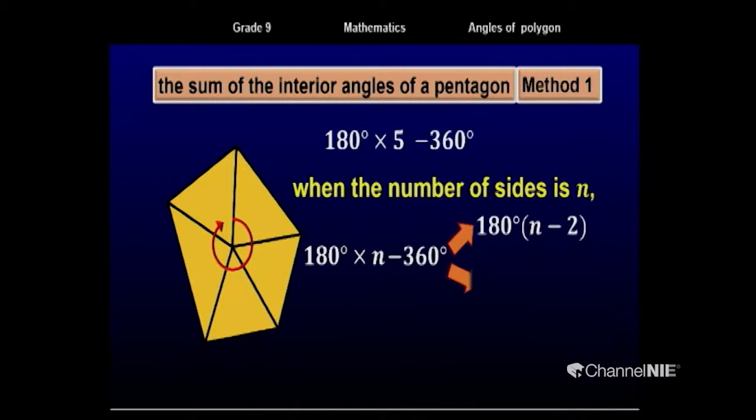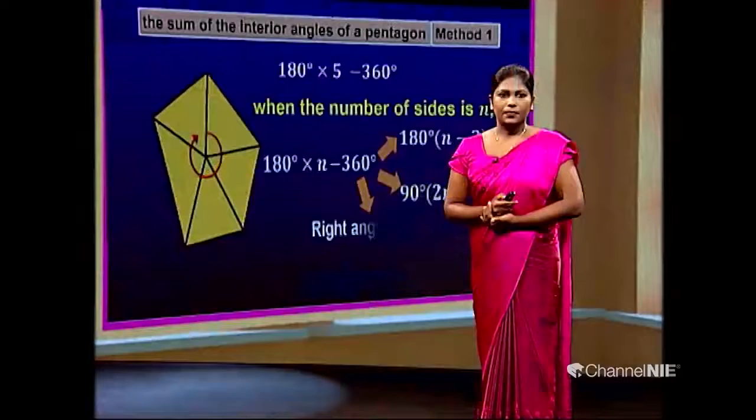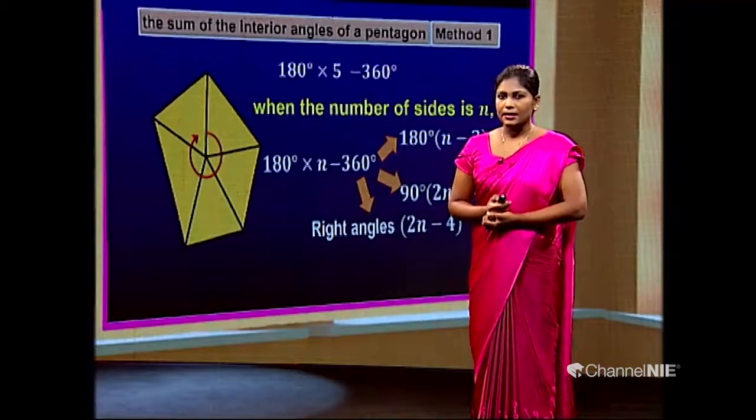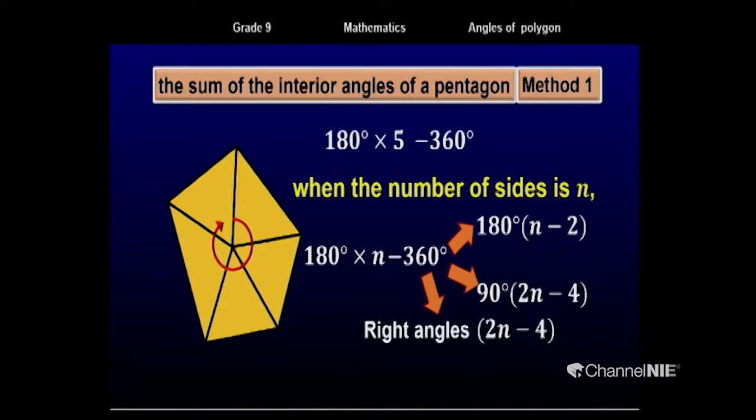Another way, you can write 90 degrees into (2n minus 4). What happened here? In place of 180, you can write 90 times 2, that means 90 into (2n minus 4). There is another way: in place of 90 degrees, in words you can write right angles. Then right angles (2n minus 4).